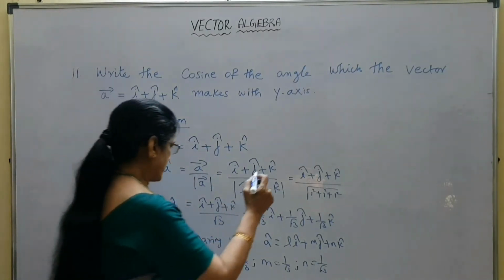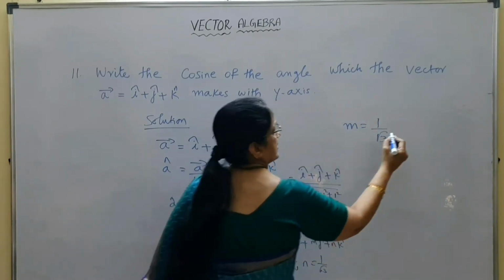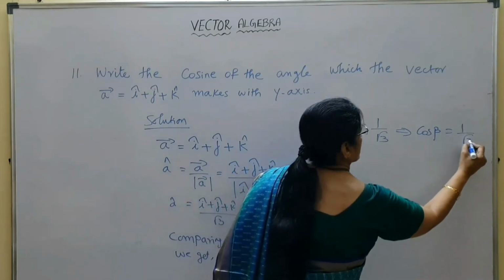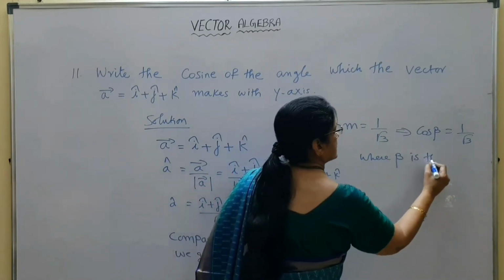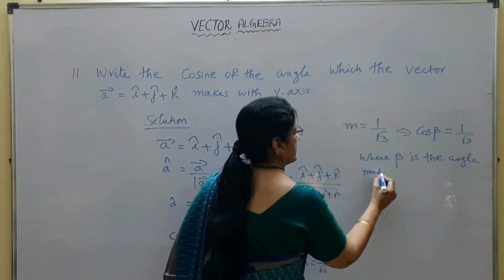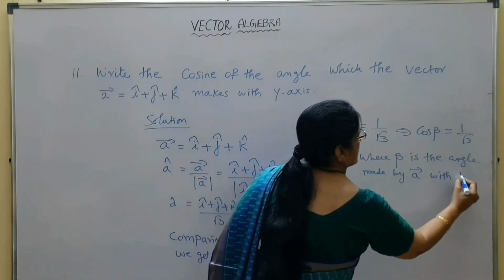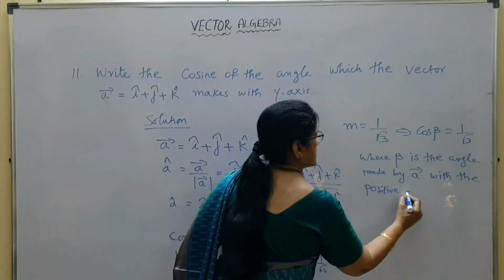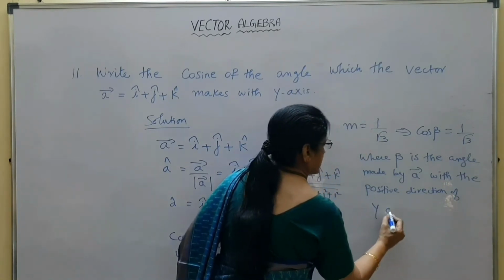Okay, now this gives me M is equal to 1 by root 3 implies cos beta is equal to 1 by root 3, where beta is the angle made by A vector with the positive direction of y-axis.